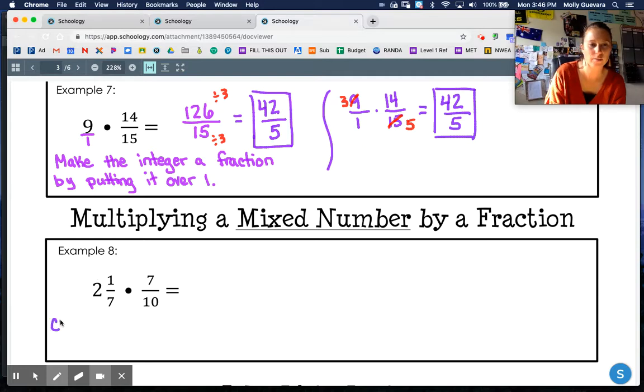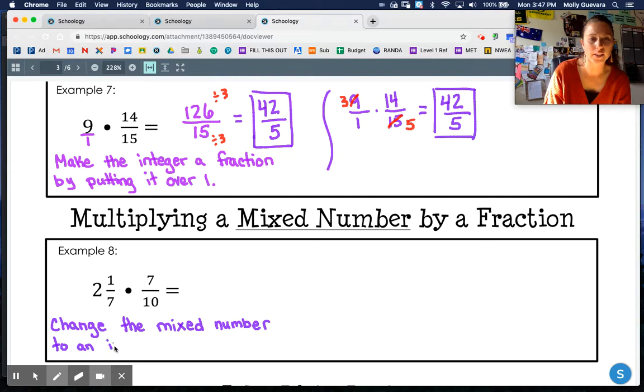So we're going to make a little note to change the mixed number to an improper fraction. My pen's starting to get jumpy on me.